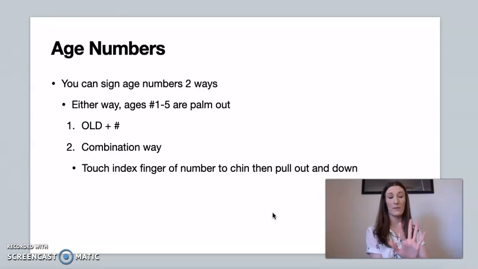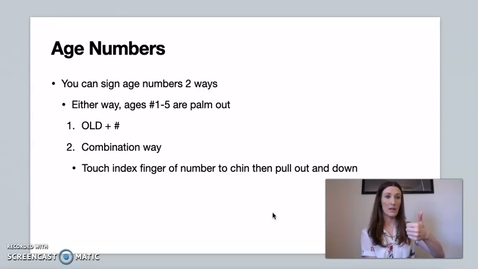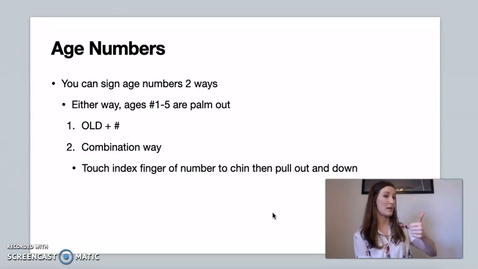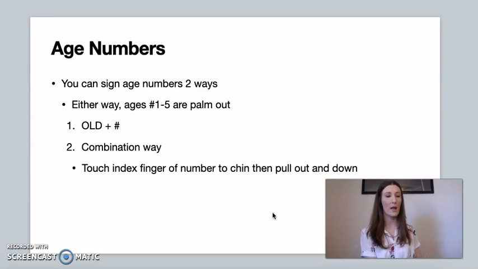So that's old 5. 10 doesn't really work because this is a 10. You will see some people do index finger 10, or you can do old 10. Does not matter. So 30, 55, or you can do old 30, old 55. Does not matter.